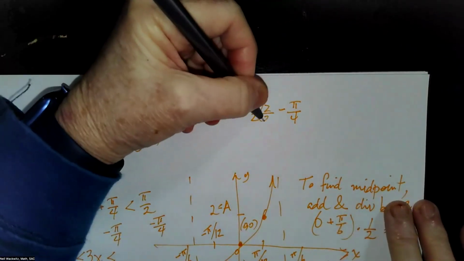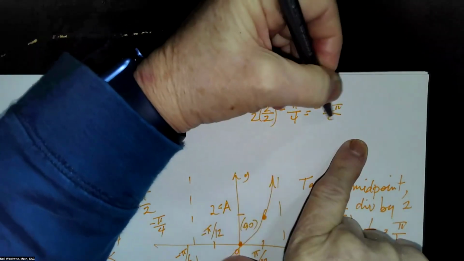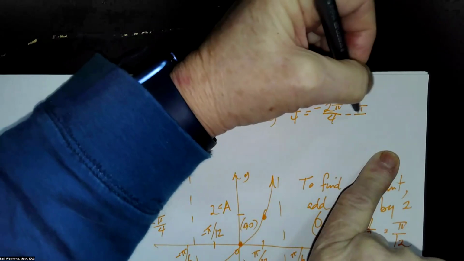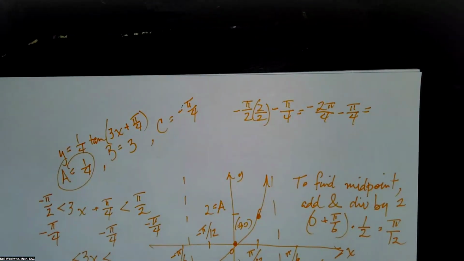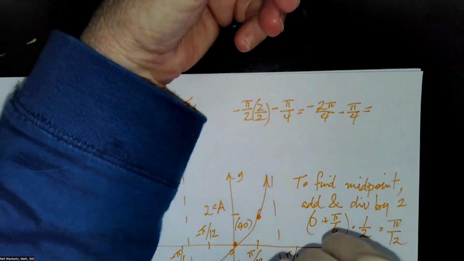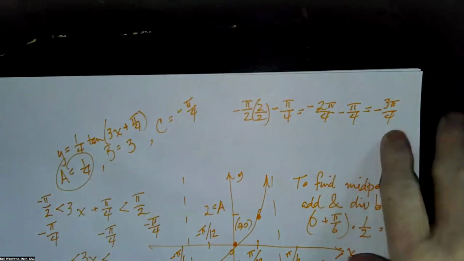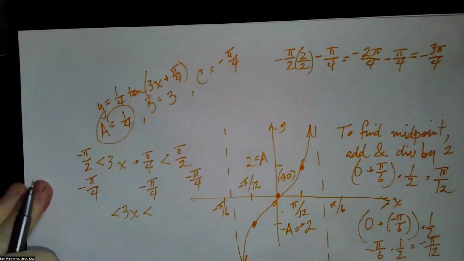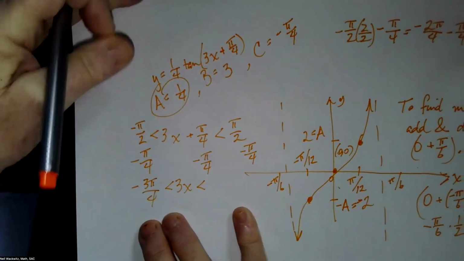Good. And that gives us negative 2 pi over 4 minus pi over 4. Negative pi over 4. Almost. Negative 3 pi over 4. Good. Very good. So now we've got negative 3 pi over 4.